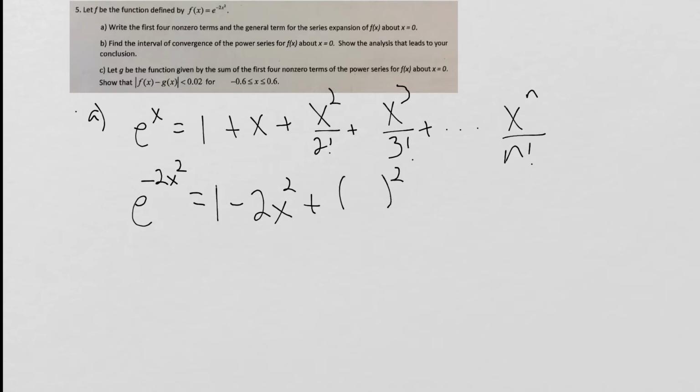What's that look like? Something squared. What's the something? It's my negative 2x squared, over 2 factorial.